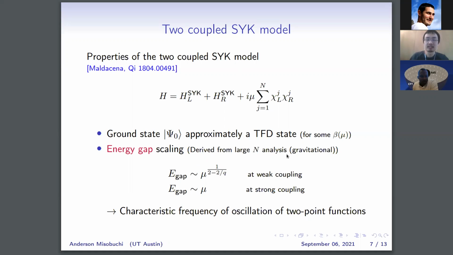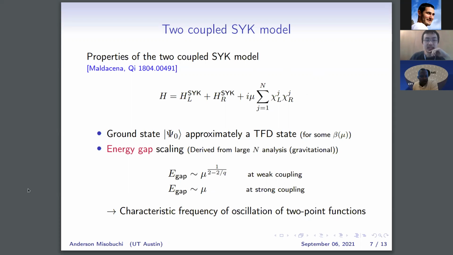From the Lagrangian analysis, in which the gravitational picture of a traversable wormhole holds, this gap at weak coupling obeys some non-trivial scaling given by this particular power here. At strong coupling, it goes linearly in the coupling, essentially because this term dominates and the system is roughly a free fermionic harmonic oscillator.